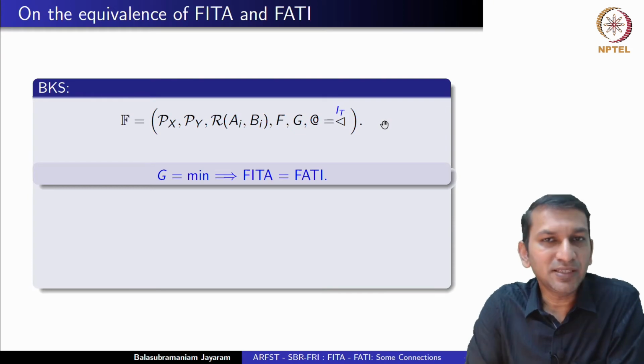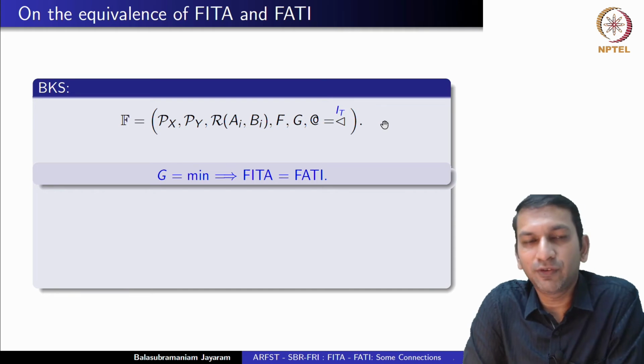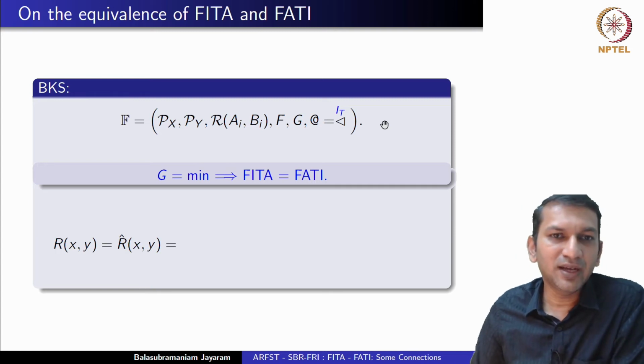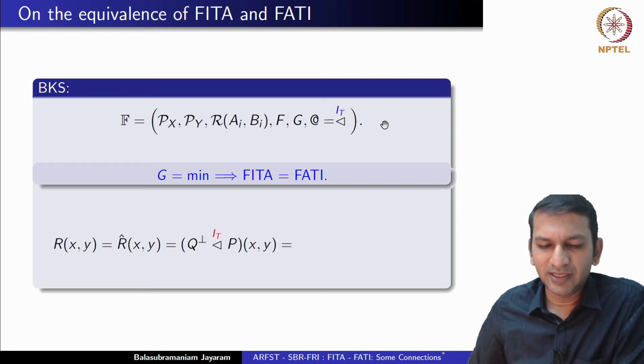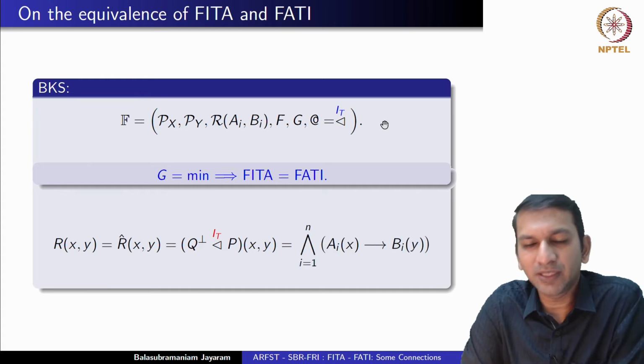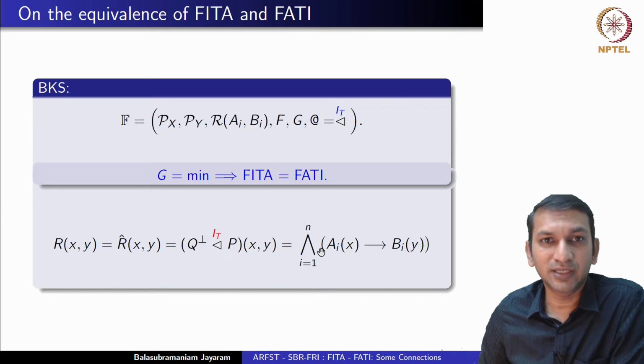So in the case of BKS, no matter what the relation Ri is, what operation F we have used to obtain the Ri, if G is min, you would get FITA and FATI to give the same output for any input A dash. Now notice that if you take the R cap relation, it is given like this, which essentially means it is the infimum of Ai(x) implies Bi(y). So note that what we are interested in is the aggregation that we have used. In this case, it is actually infimum, which is the minimum.